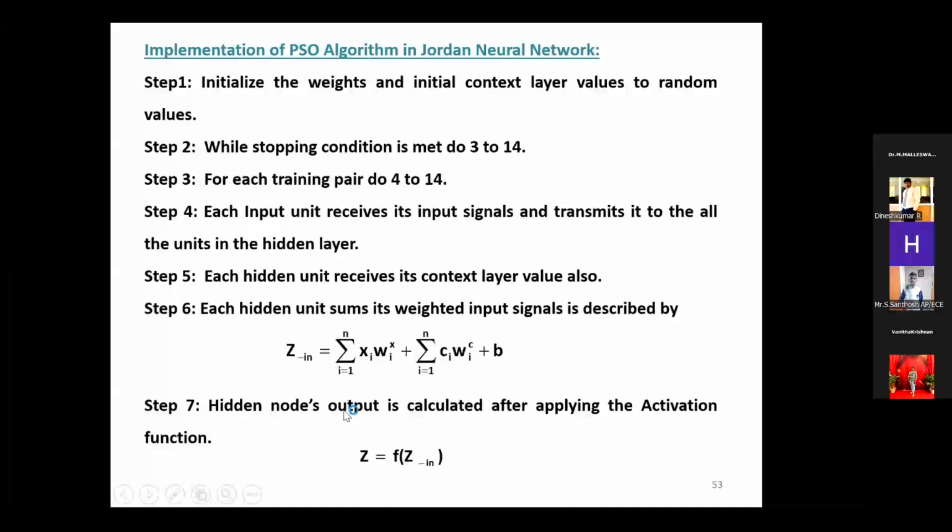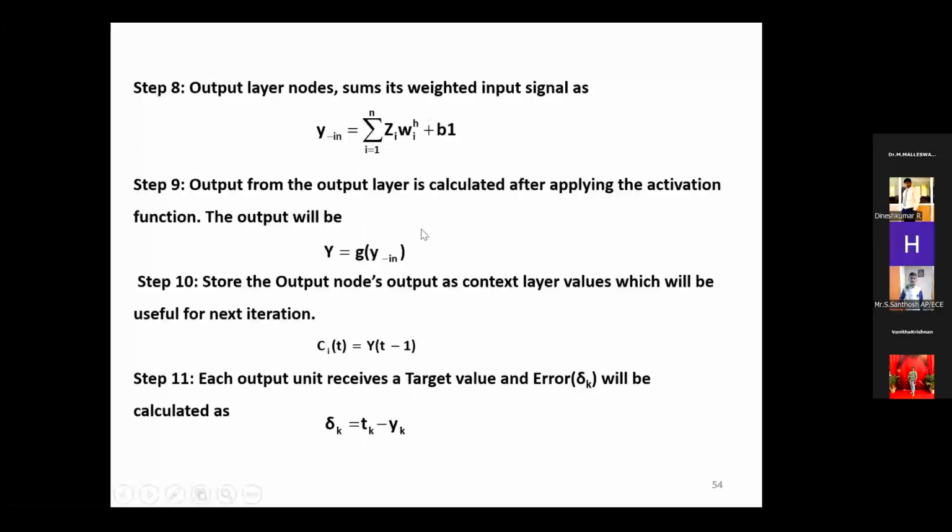Now, the hidden node output is calculated after applying the activation function, that is z equals f of z_in. These hidden layer outputs are given to a sum of weighted input signals, and it is given as the input of your output layer. That is called y_in. Finally, the output of the output layer will be y equals g of y_in. As I said, this g will always be the linear activation function.